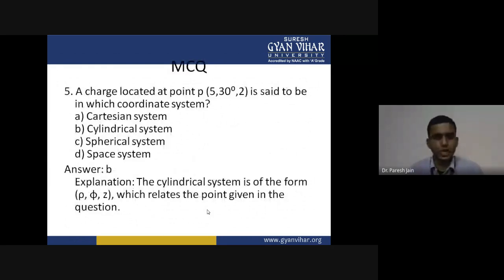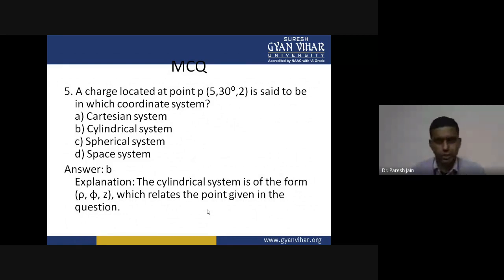A charge located at a point P, that is 5, 30 degrees and 2, is said to be in which coordinate system, where P is given in the form of the coordinates rho, phi and z.